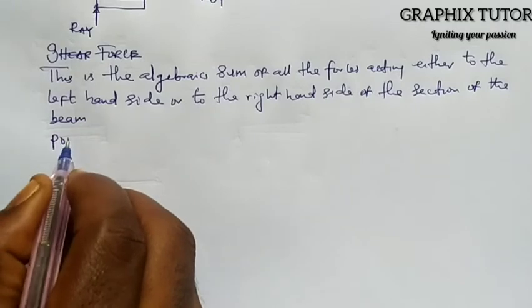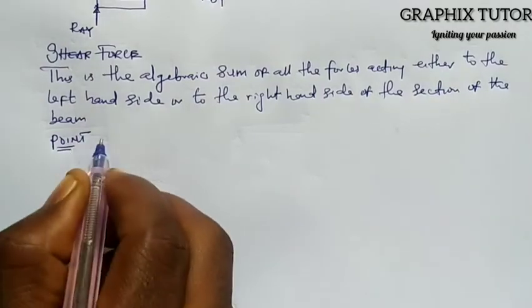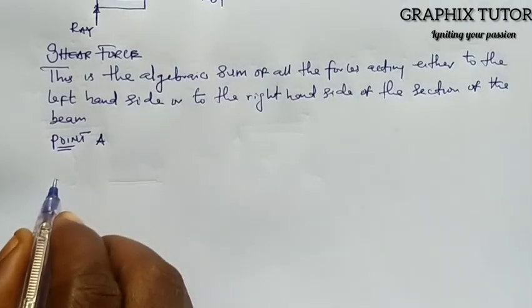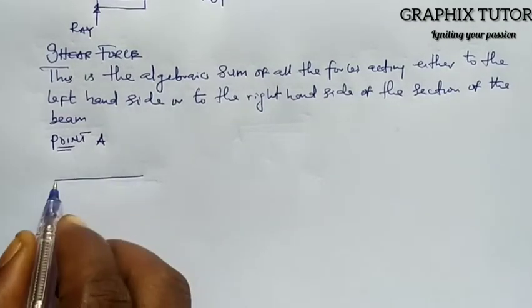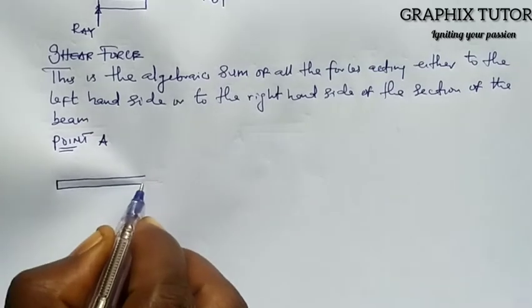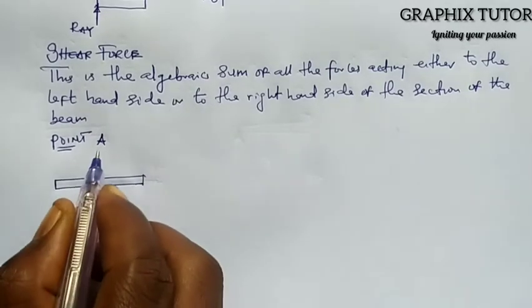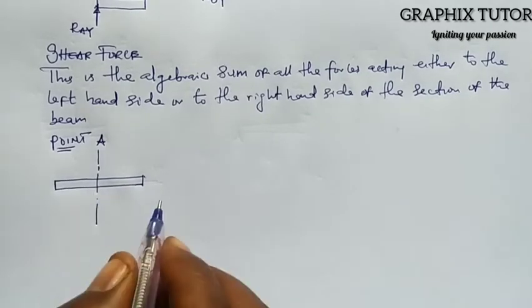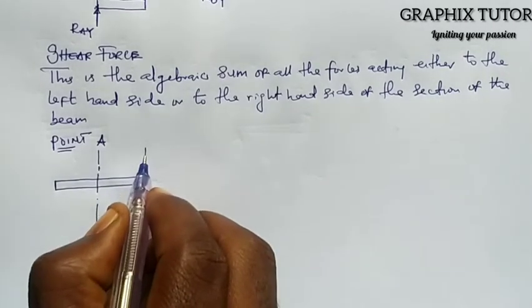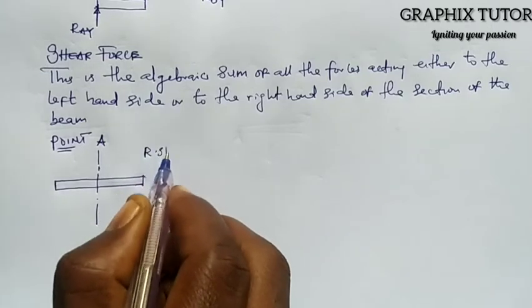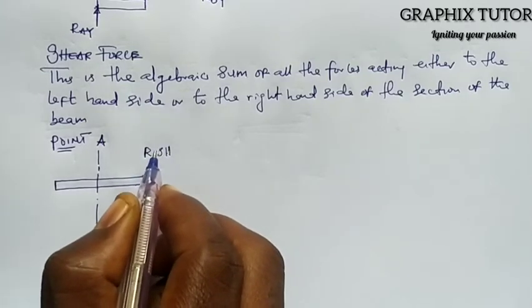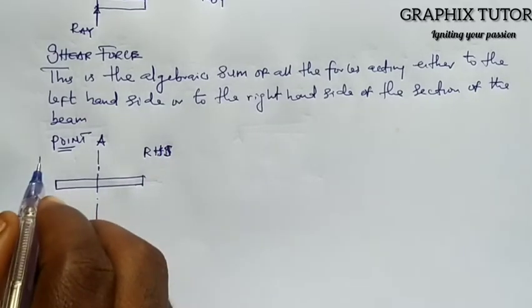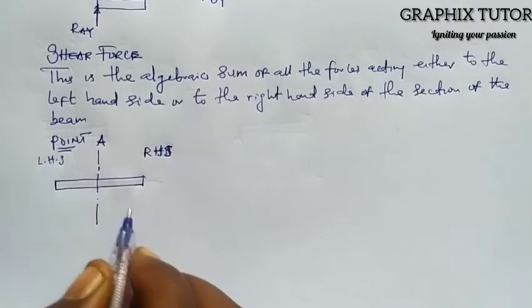Point 1, point A. If I have a beam this way and I section the beam, sectioning means now I have the right hand side and the left hand side.